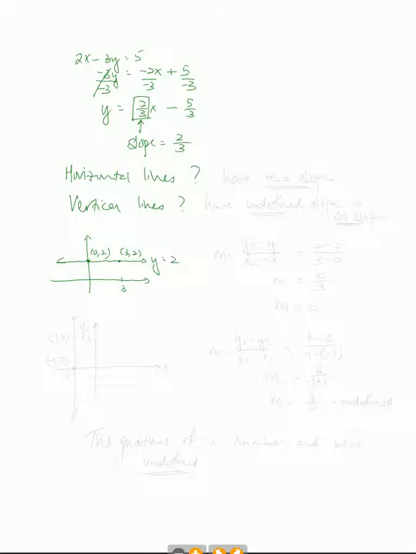Using the 2 coordinates, I'm going to use the formula to find the slope, which is y2 minus y1 over x2 minus x1. When you subtract the two y's, you end up with 2 minus 2 over 3 minus 0, which is 0 over 3. When you have 0 in the numerator, that means the slope is 0. So from now, we know that horizontal lines have 0 slope.